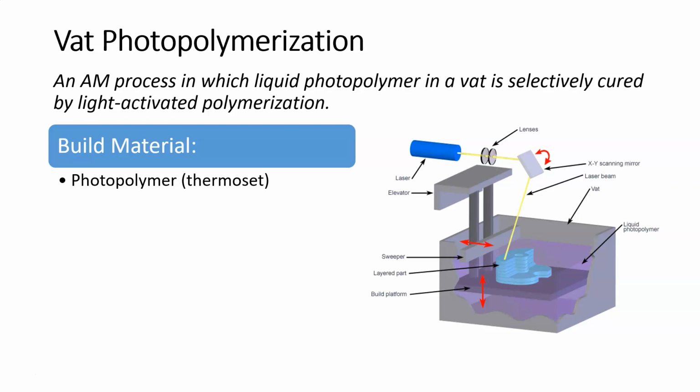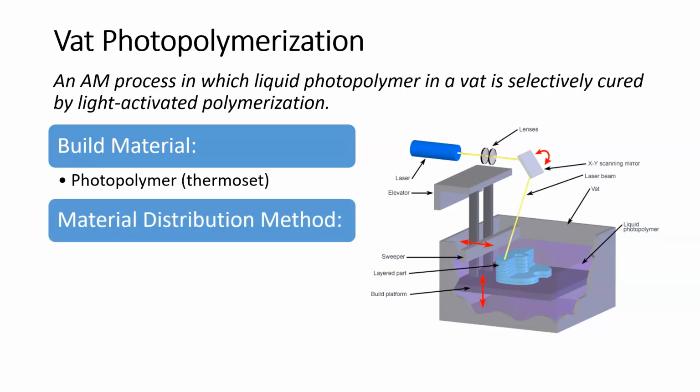And as you shine a light on it, either from a UV light source or from a laser, the area of the photopolymer liquid that's exposed to the light will turn into a solid. Okay, so it has a liquid to solid transfer.